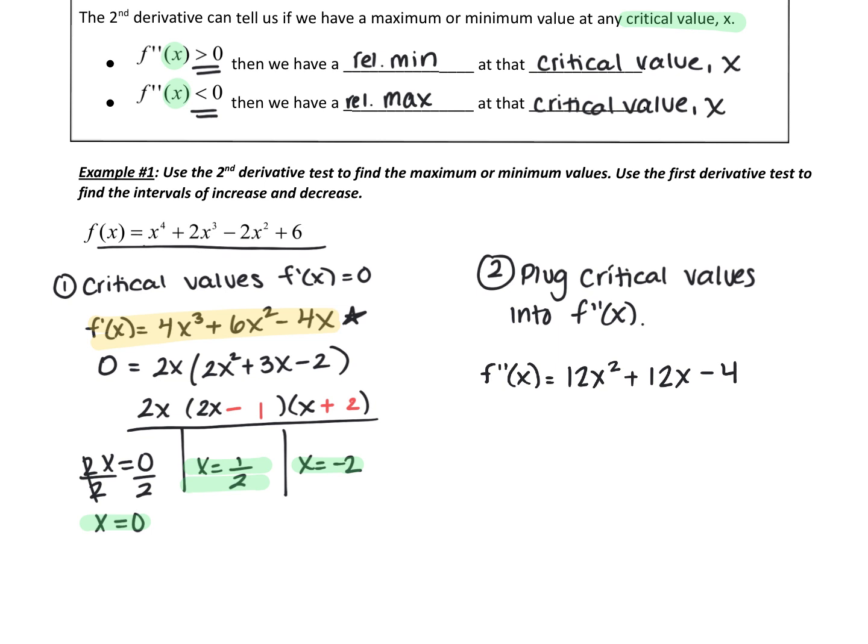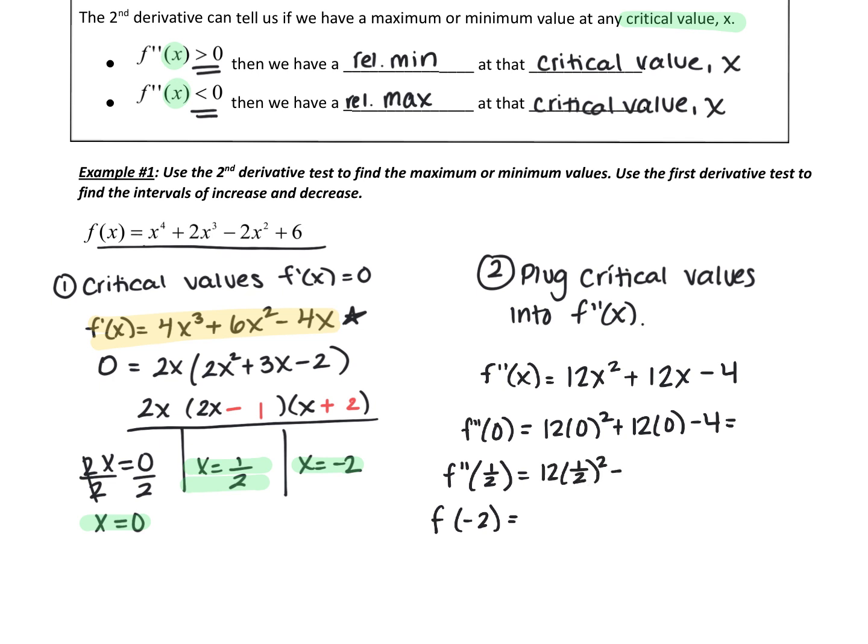What I can do now is plug in my values. I'm going to plug in 0, and then I'm going to plug in 1/2, and then I'm going to plug in negative 2. So 12 times 0 squared plus 12 times 0 minus 4. 12 times 1/2 squared plus 12 times 1/2 minus 4.